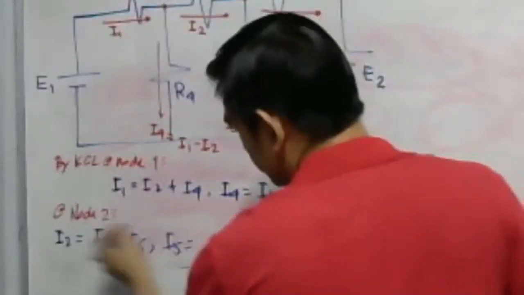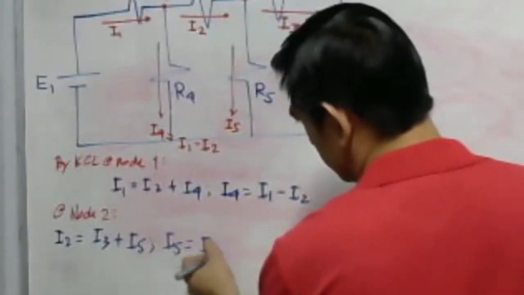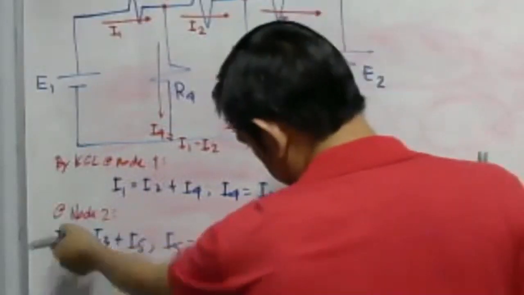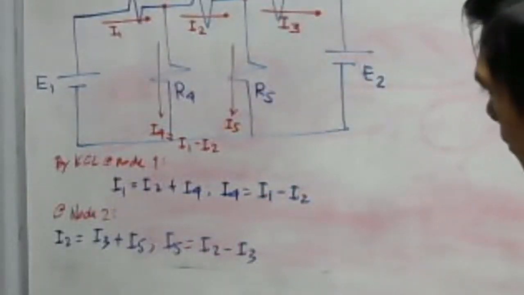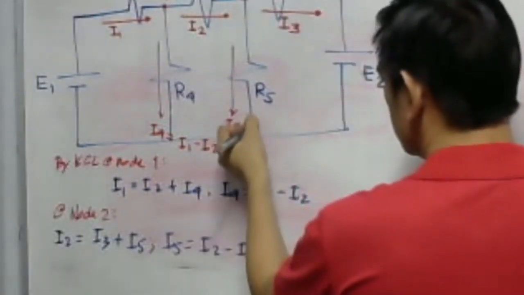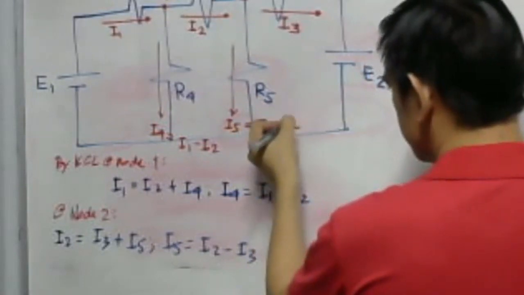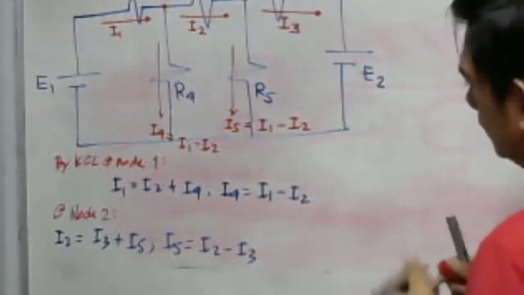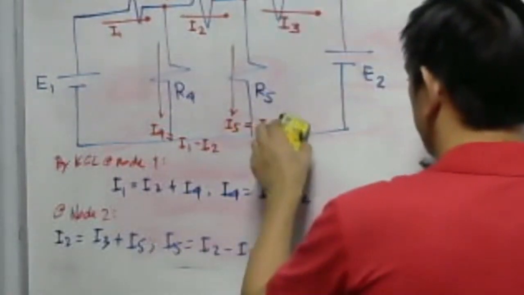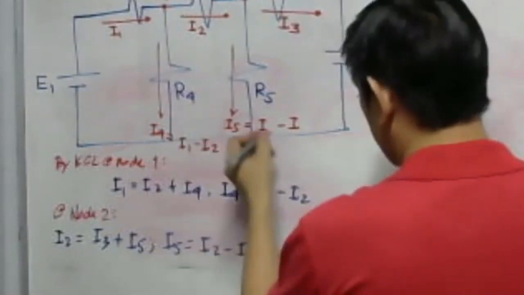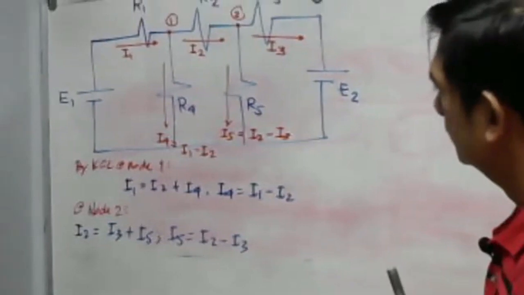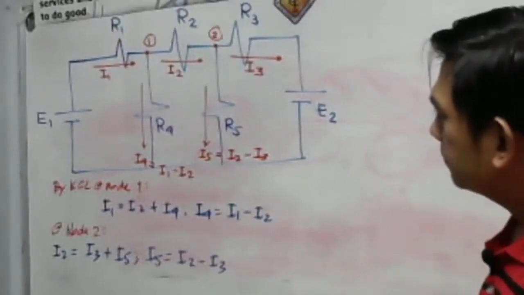I sub 5 will be equal to I sub 2 minus I sub 3; just transpose I sub 3. So that is based on the Kirchhoff current law.